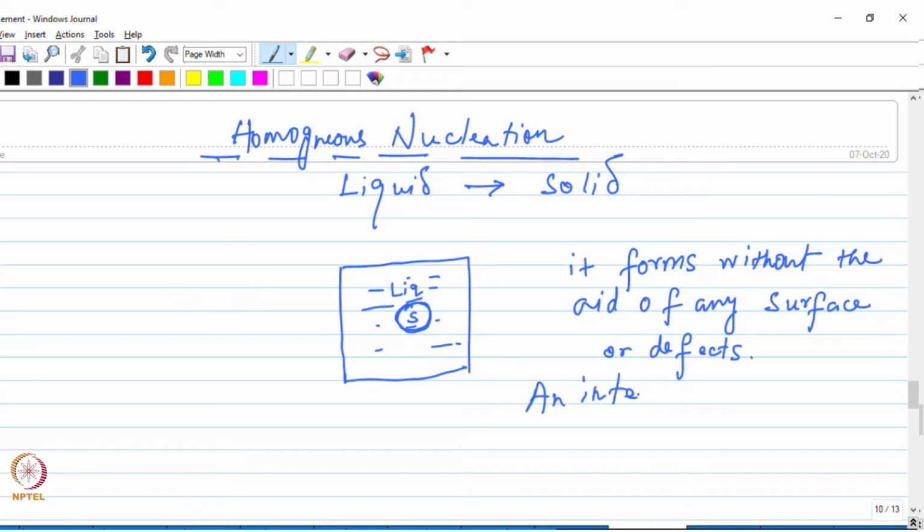And therefore, surface energy or interfacial energy is involved here.